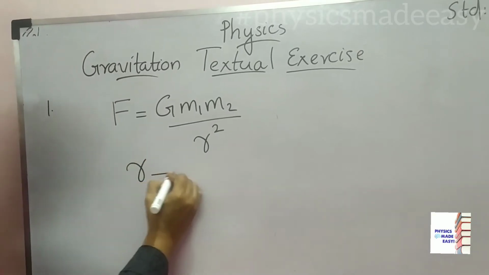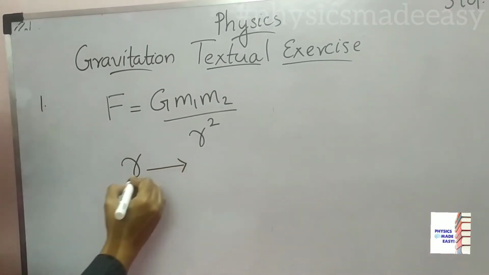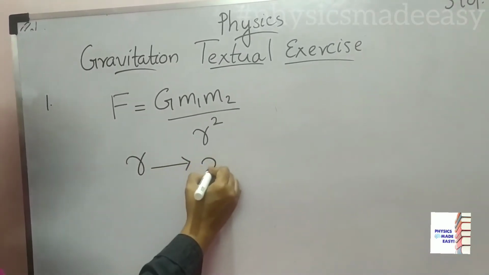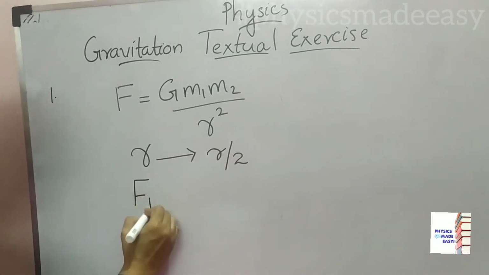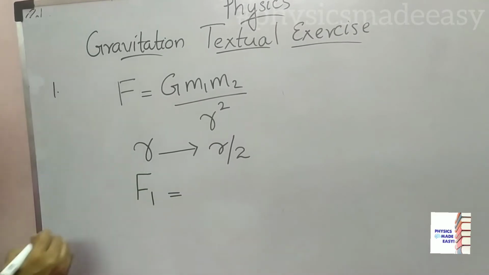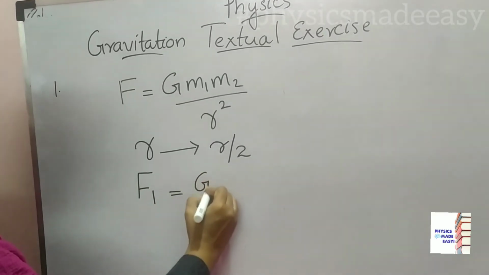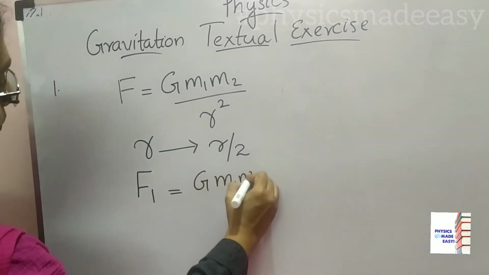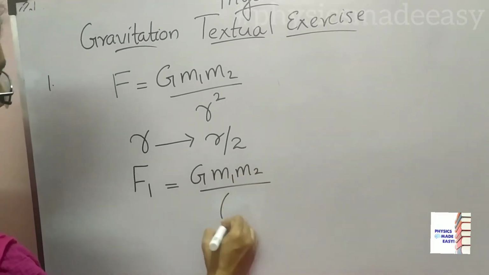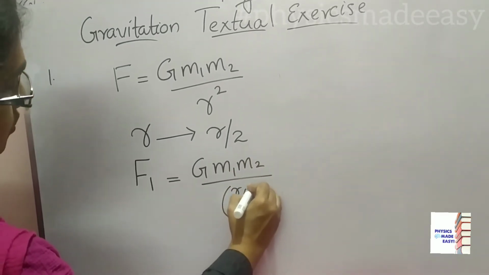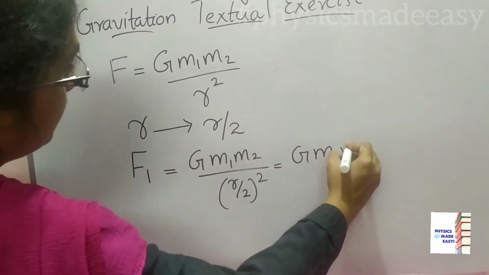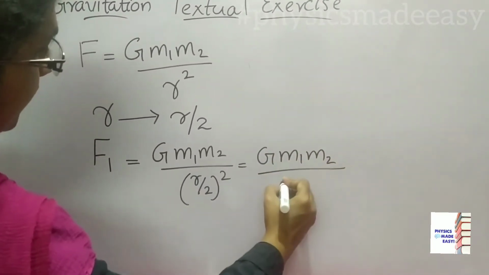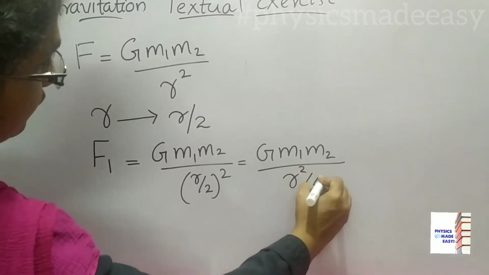Here you can see distance is reducing to half, which means r becomes r by 2. Then what will happen to the new force that I am going to write here as F1? Then G m1 m2 divided by (r by 2) the whole square. It is G m1 m2 divided by r square by 4.